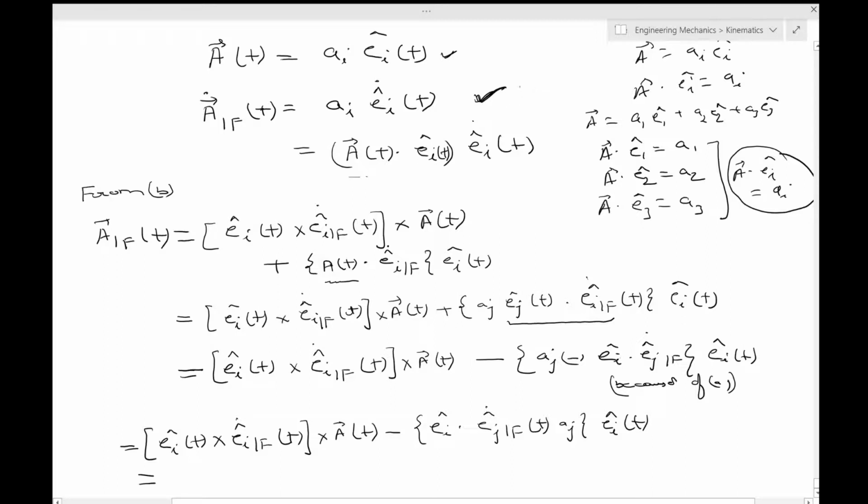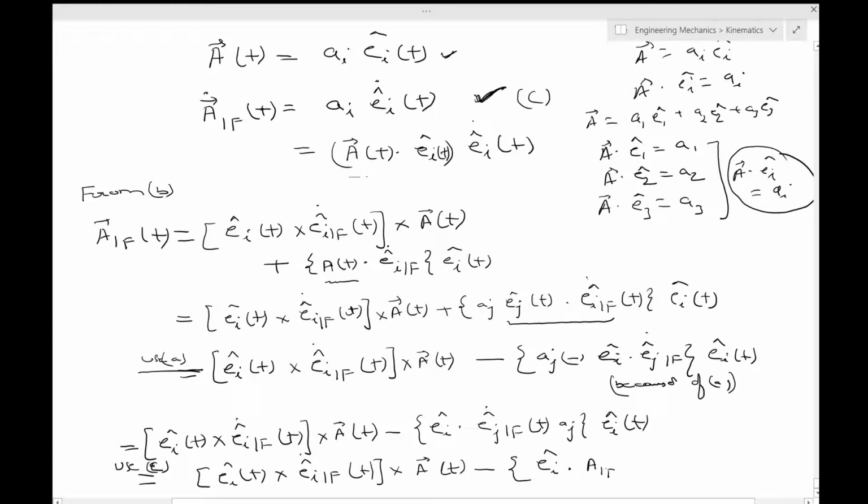Let me call this C. Use C. Use A. Okay, this would become e_i of t cross e_i of f dot t cross A of t minus e_i hat dot A dot of time e_i of t hat.